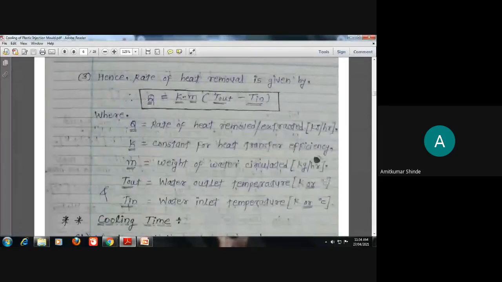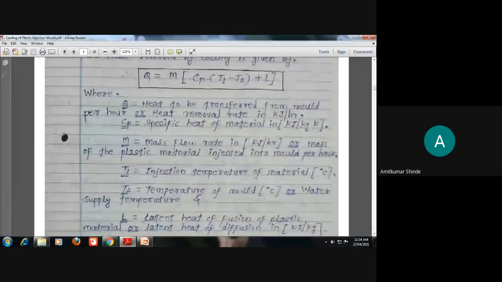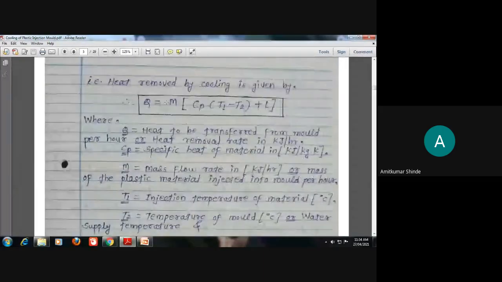Rate of heat removed or rate of heat extracted is given by Q is equal to Km (T out minus T in), and this rate of heat removal is also explained by this formula, that is Q is equal to m Cp (T1 minus T2) plus L. These both formulas we are going to use, and with the help of this we are going to calculate rate of heat removed.